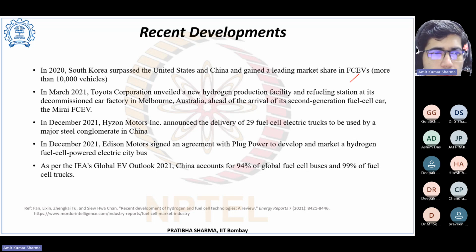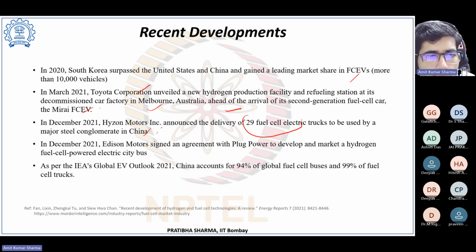In March 2021, Toyota Corporation unveiled a new hydrogen production facility and refueling station at its decommissioned car factory in Melbourne, Australia, ahead of the arrival of its second generation fuel cell car, the Mirai FCV. In December 2021, Hyzon Motors announced the delivery of 29 fuel cell electric trucks to be used by a major steel conglomerate in China.